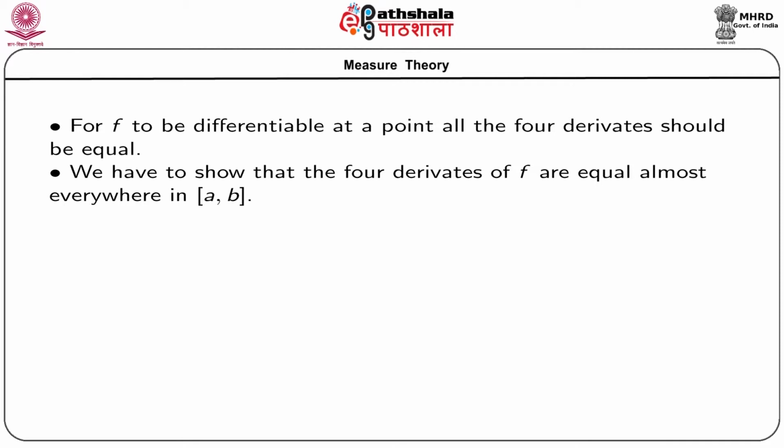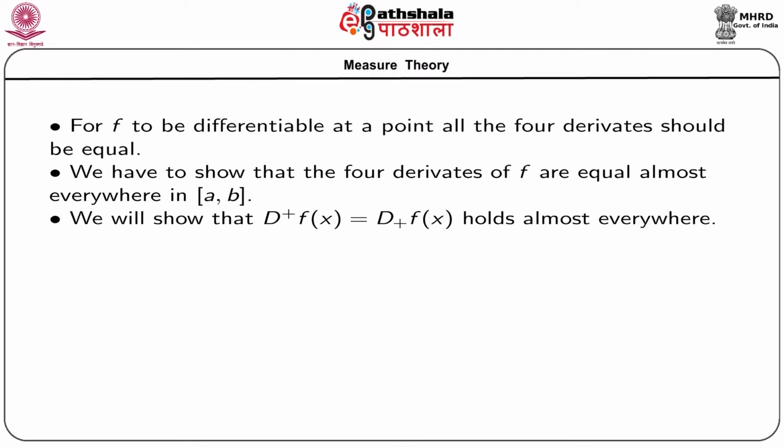Recall that we have already shown that all the 4 derivatives exist finitely almost everywhere in closed interval a b. So, we will show that d upper plus f x equal to d lower plus f x holds almost everywhere. The other result will follow similarly. We will not go into the details of that proof.